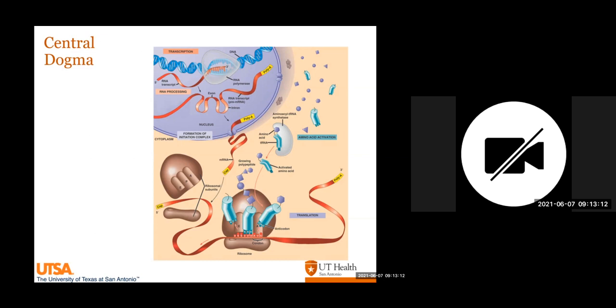Okay, so the process of copying the genetic code from DNA to messenger RNA is referred to as transcription, and the number of copies of mRNAs is often referred to as gene expression.